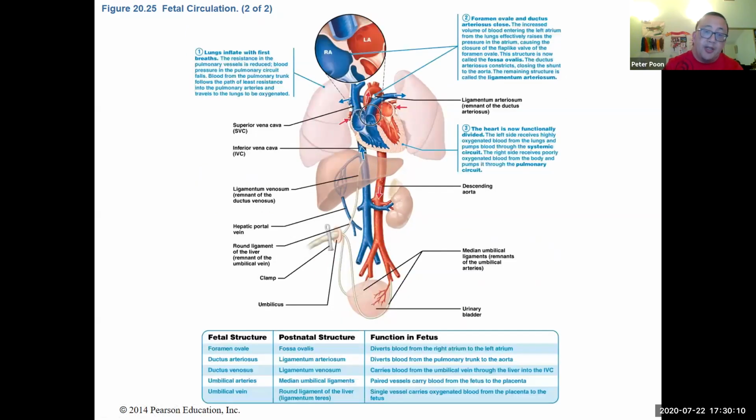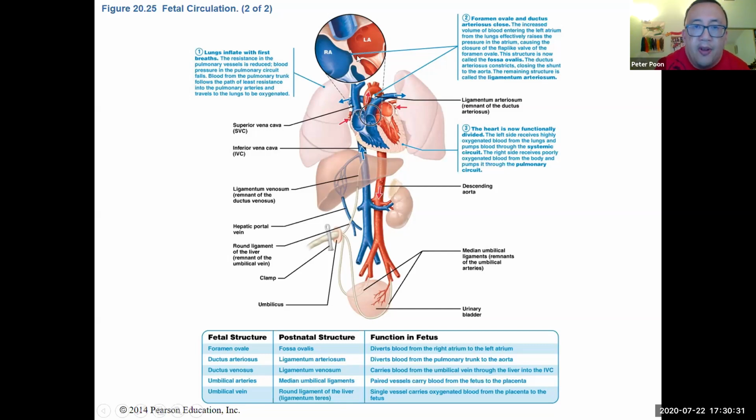So that being said, as soon as you're born, those two things have to change. Okay? Three things. You have to get rid of the umbilical arteries. Okay? So that seals off and becomes the round ligament of the liver. Okay?